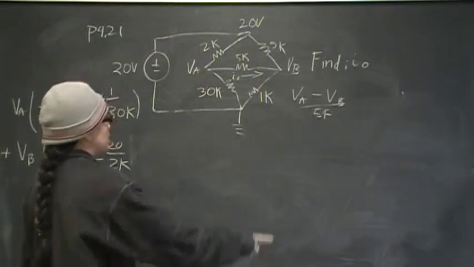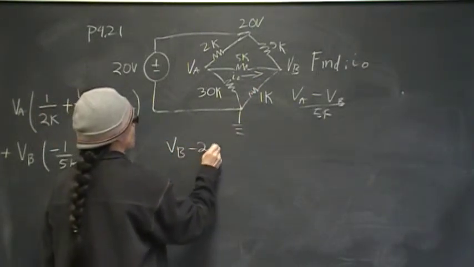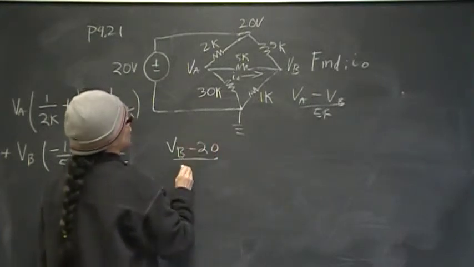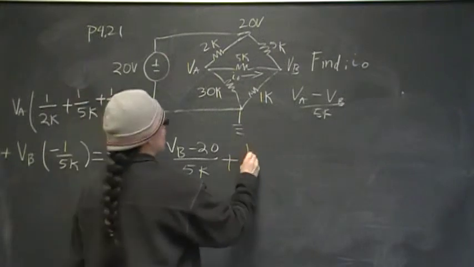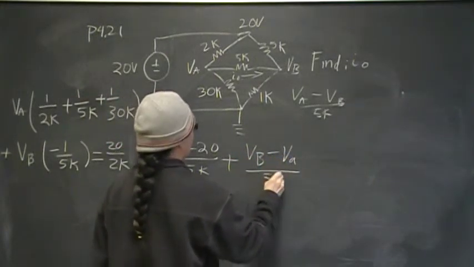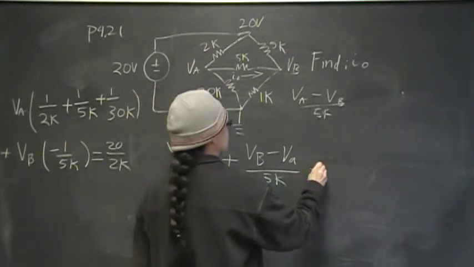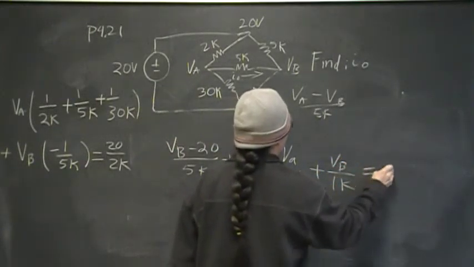Next node we're going to do is at VB. We've got VB minus 20 over 5K plus VB minus VA over 5K plus VB over 1K. That all has to equal 0.